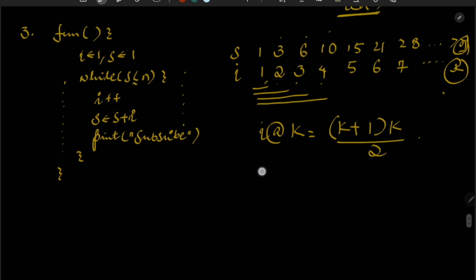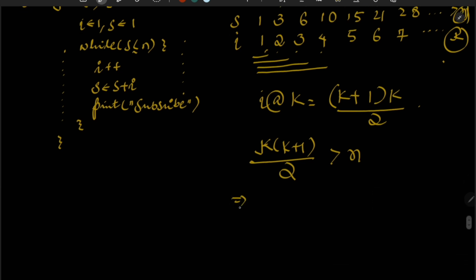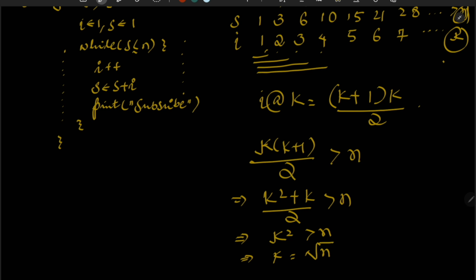So k multiplied by k plus 1 by 2 should be greater than n, of course. When we calculate it, it's going to be k square plus k divided by 2 greater than n, and taking the most significant term, which is k square, greater than n, k becomes root of n.